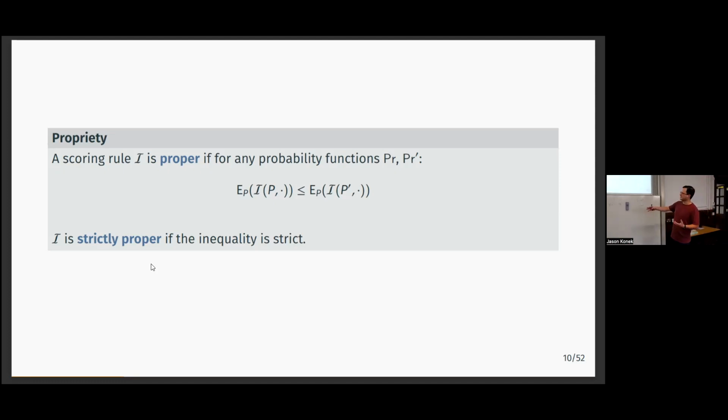There's a little bit of a puzzle here, when you're thinking, well, these are measuring how good your forecast is, but we need them to be proper. The absolute value score won't work as a measure of purely epistemic utility.